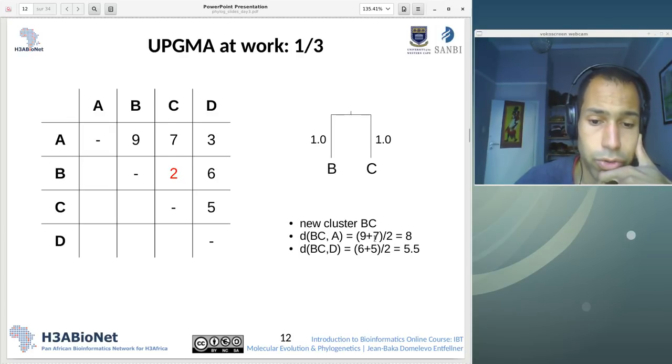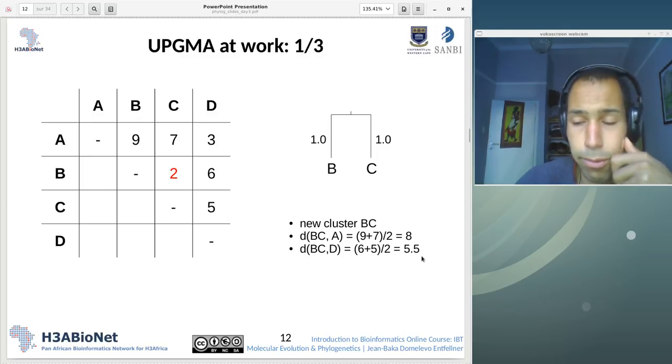So the new distance between the cluster BC and the cluster A is 8: 9 plus 7 divided by 2, right? Similarly, for the distance between the cluster BC and the cluster D, we have distance from B to D plus distance from C to D divided by 2. Okay, B to D 6, C to D 5, divided by 2, 5.5.